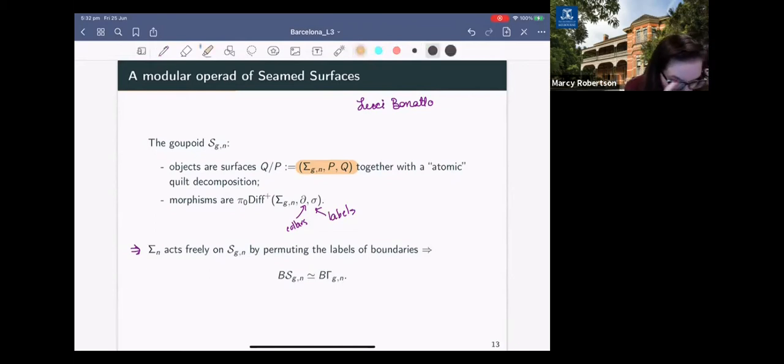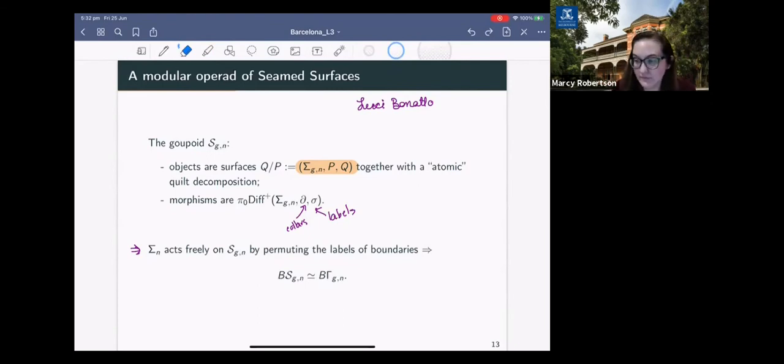So I want to study the mapping class group because I want to study the fundamental group of the moduli space, because I want to study the moduli space. And now I'm going even farther, and I'm replacing it with another groupoid that I have a bit more control over. So what this statement is saying is I'm going to use these groupoids, S_g,n, as stand-ins for the mapping class group.